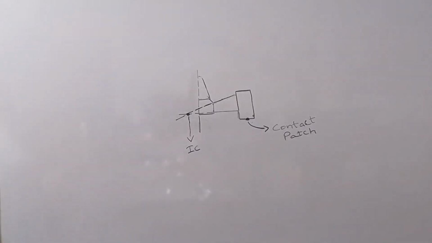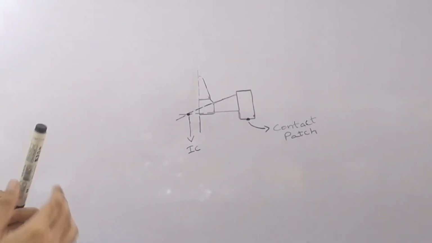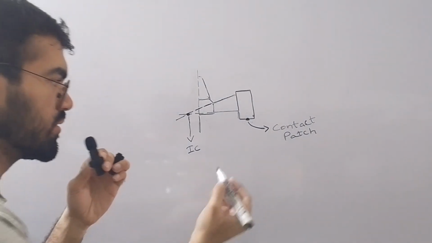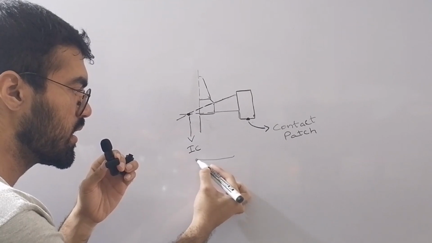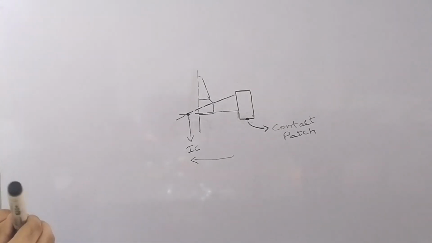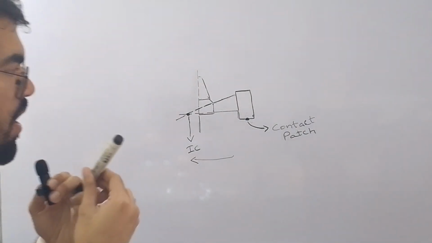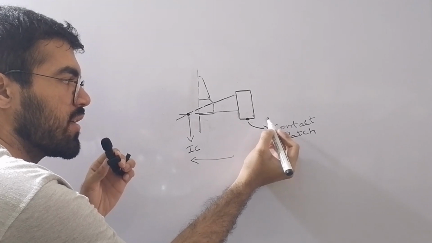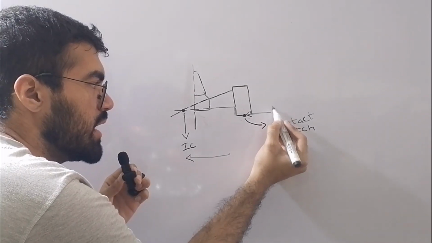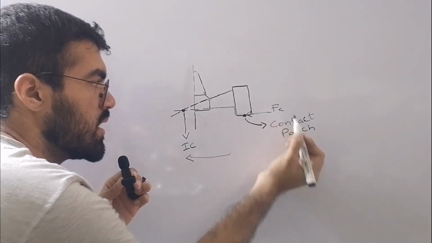Now when the car is cornering, a force acts on the contact patch, which makes it turn. So again, let's consider the car is turning to the right, like so. There will be a force acting on the contact patch of the tire in this exact same direction. Let's call it the FC.